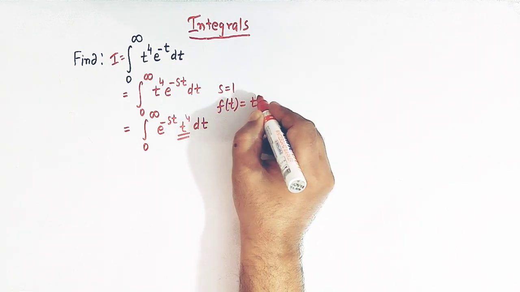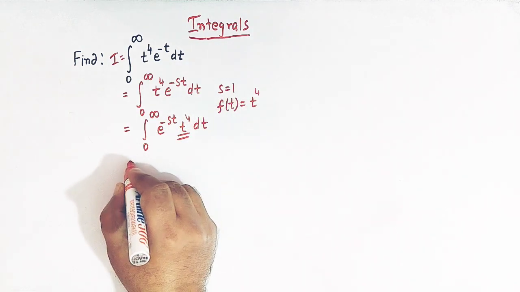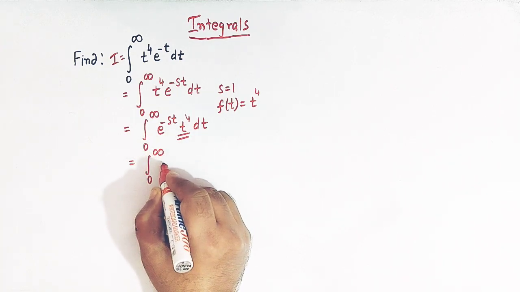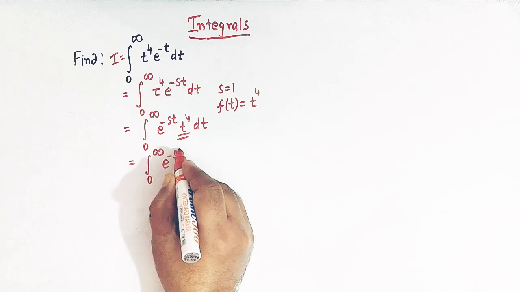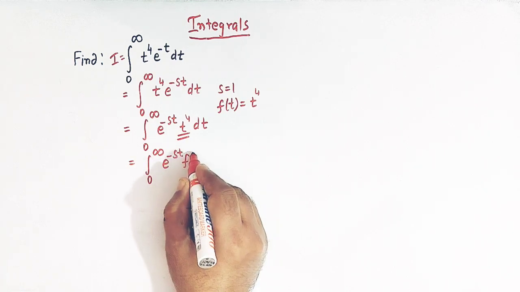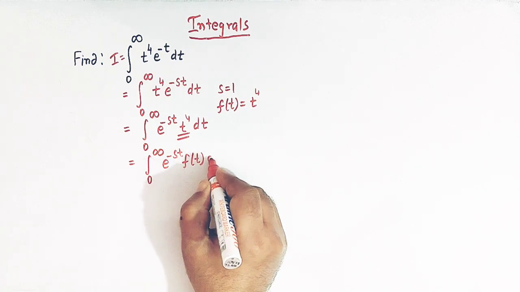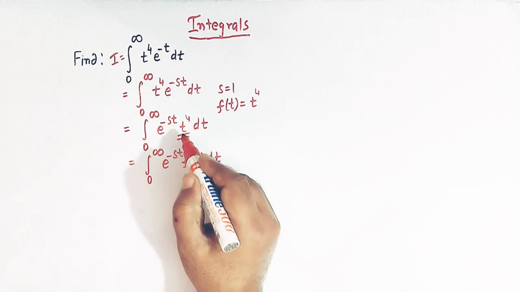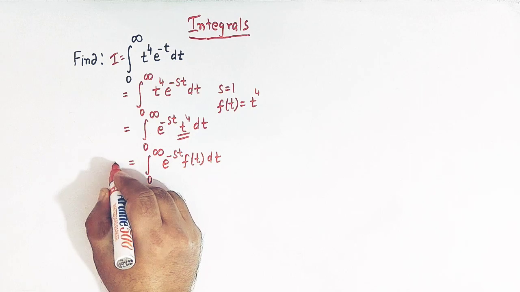So f of t is t raised to 4. Now we can write this integral as 0 to infinity e raised to minus st f of t dt.